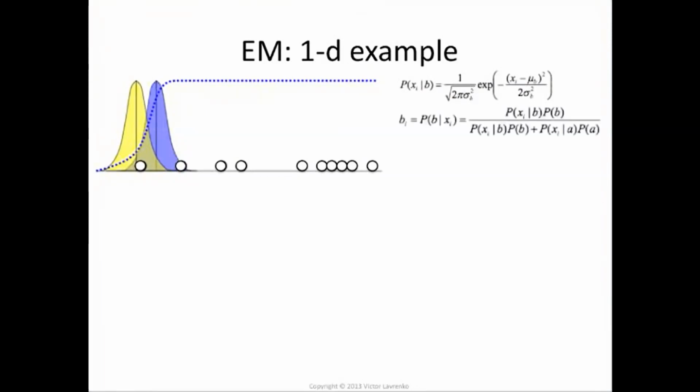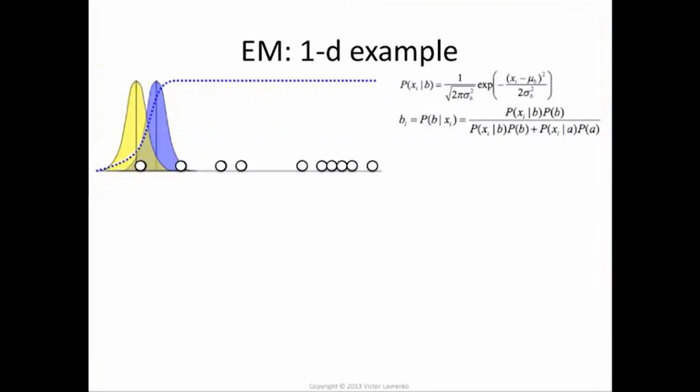So then, when you compute the Bayesian posterior, you take both of those probabilities from the blue and from the yellow, and you combine them with the priors. By the way, assume priors are equal for now. Stick them in the Bayes rule. Bi for that point is going to come out to be almost 1. That point doesn't look like a sample from the blue, and it doesn't look like a sample from the yellow, but it's much more unlike the yellow than it is unlike the blue.